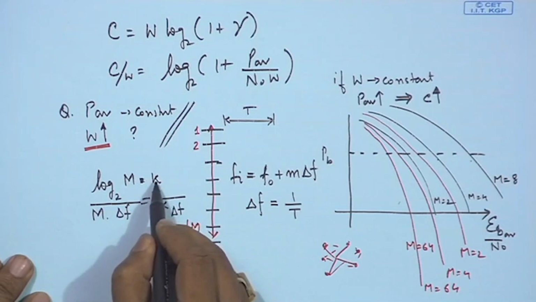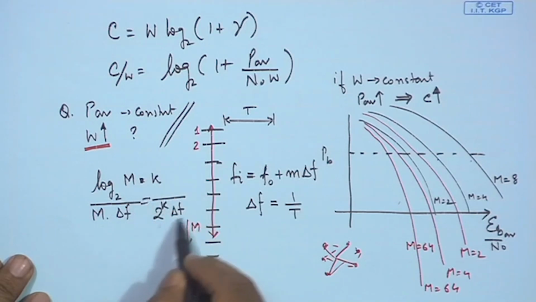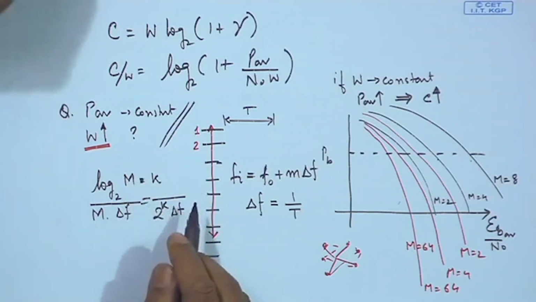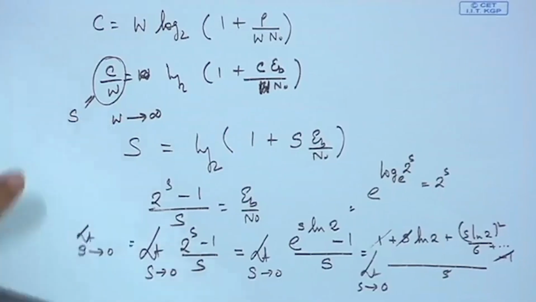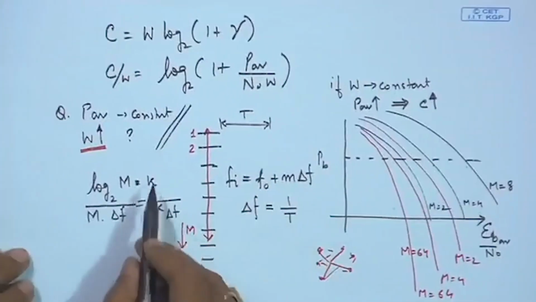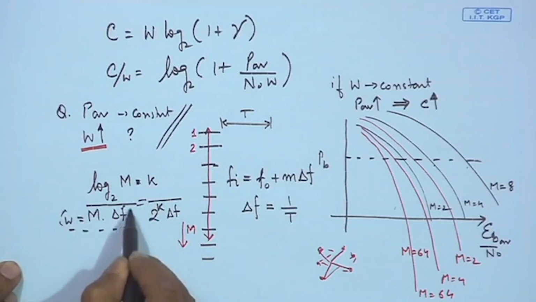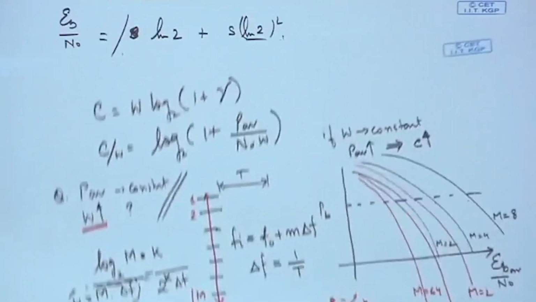As we keep increasing k, this ratio becomes smaller and smaller and tends to 0, and that is exactly what we have over here. As W tends to infinity, S tends to 0, which is achieved by making k very large, so the total bandwidth available becomes very large. So, it is consistent on both the sides.